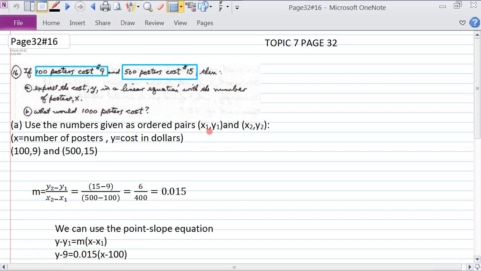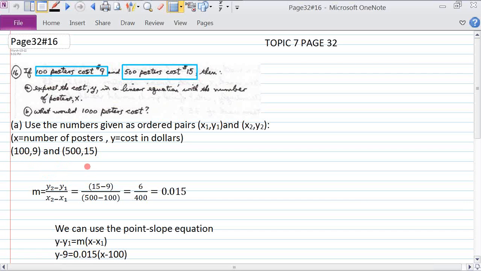So what you can do, you see when you're given this here, 100 posters cost $9. Your cost is your y because you want to express the cost y. So we could write this as an ordered pair, 100 being the number and 9 being the cost.